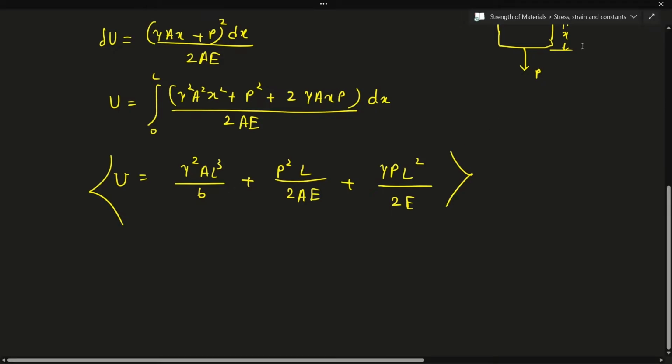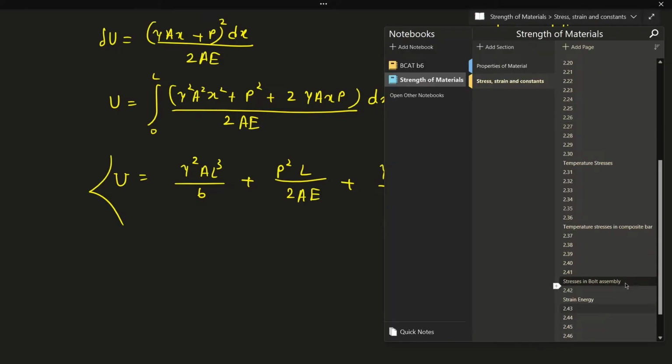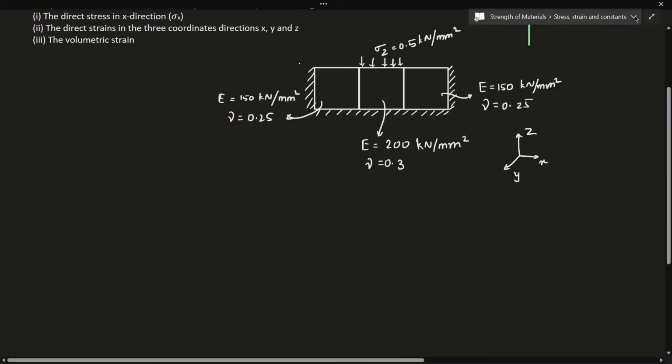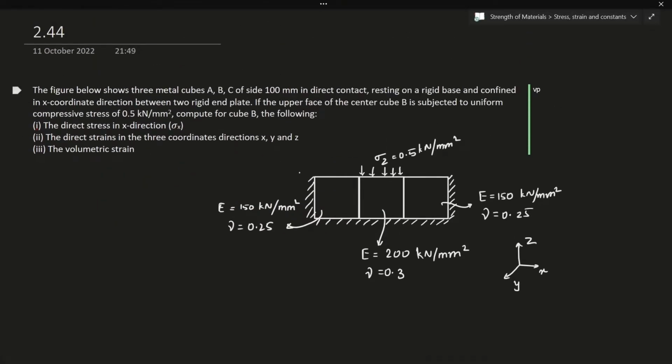Right, so now moving on with the next question. The figure below shows three metal cubes A, B, C of side 100 mm in direct contact, resting on a rigid base and confined in the x coordinate between the two rigid end plates.